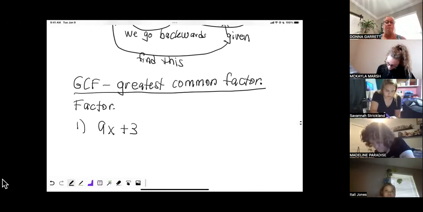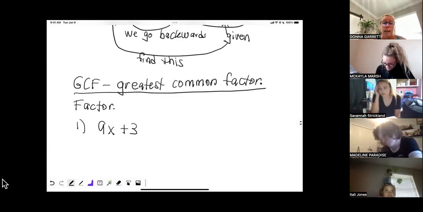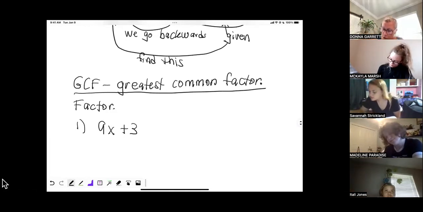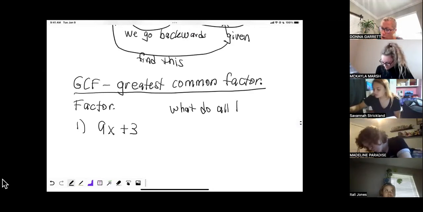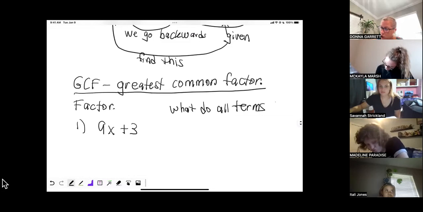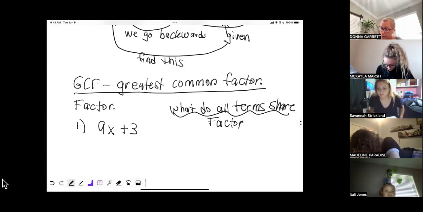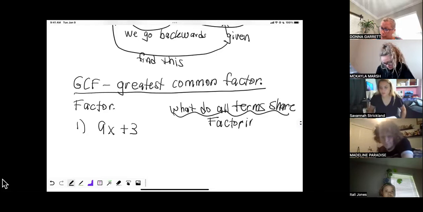That means I need to find the biggest number that I can take out and any exponents with variables I can take out. So what do they both share? You're going to ask yourself, what do all terms share? Whatever that is, you are going to do something called factoring out.